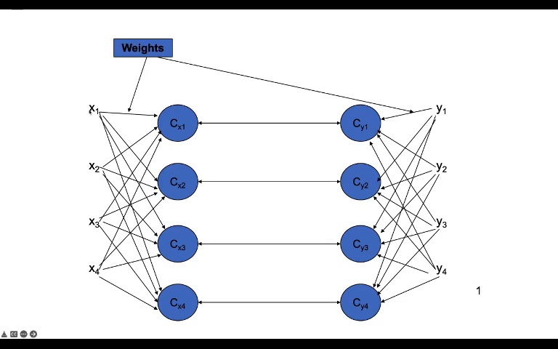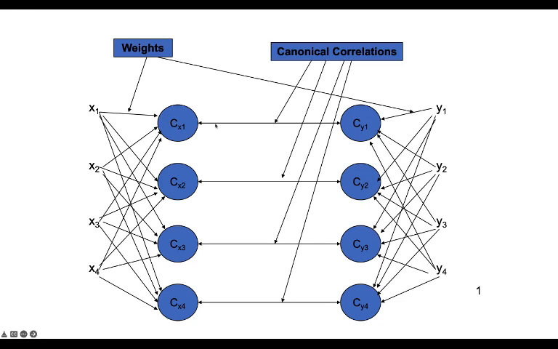The amount that each variable adds to each of the canonical variates is called the weight. And the relationship between the canonical variates is the canonical correlation.